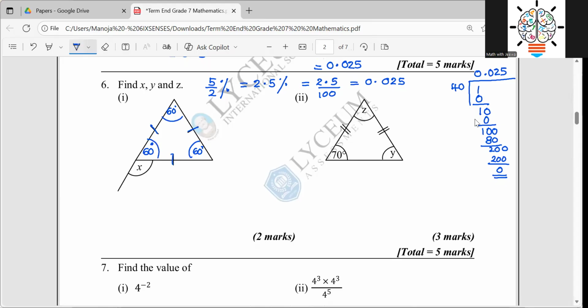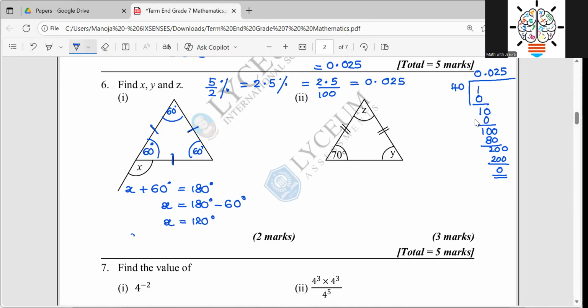If that is 60, so you can find x plus 60 should be equal to 180. What is the reason? Angles on a straight line add up to 180. So then x is equal to 180 minus 60. So then x is equal to 120.